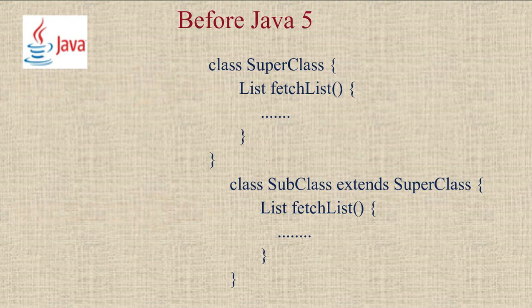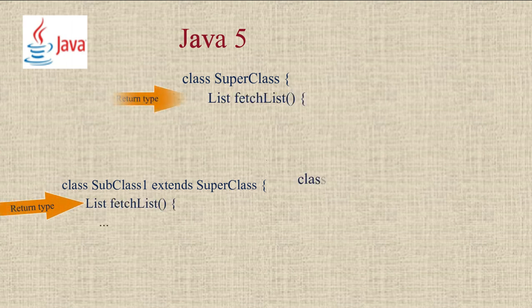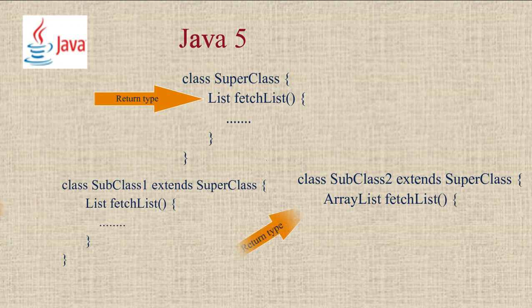But in Java 5, while overriding a method, the superclass method return type and subclass method return type could be same, or it will allow subtypes. For example, a superclass is having a method return type is list.